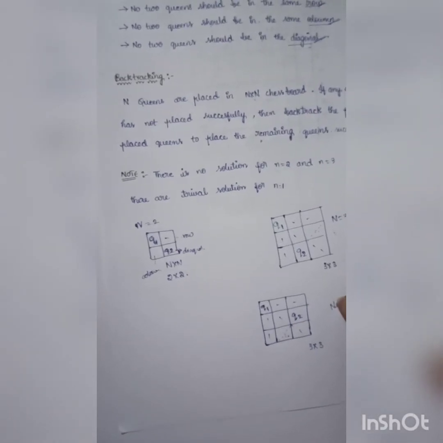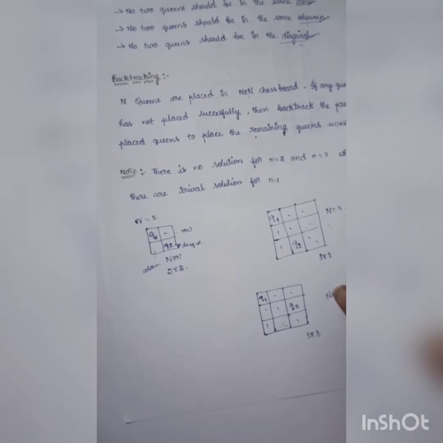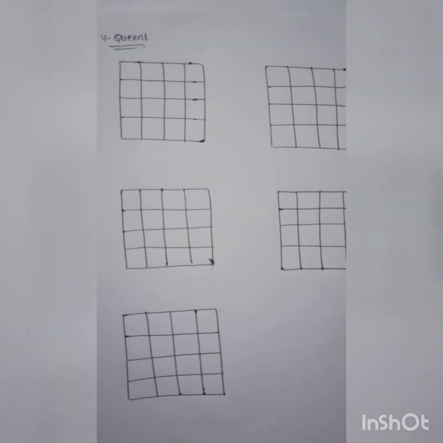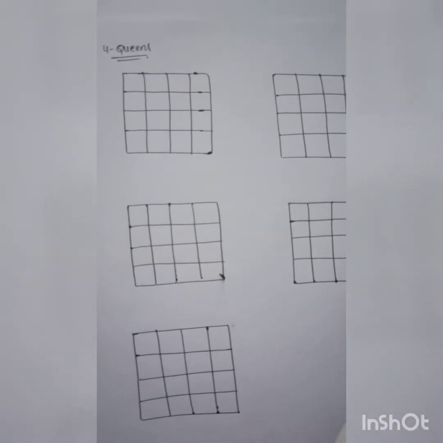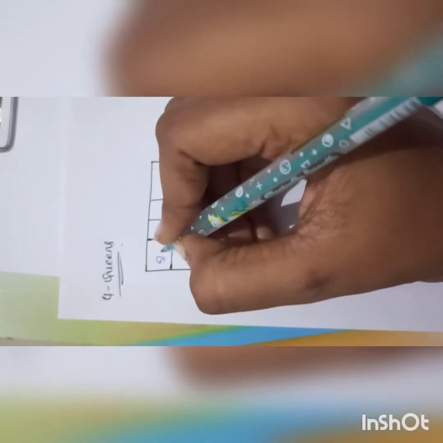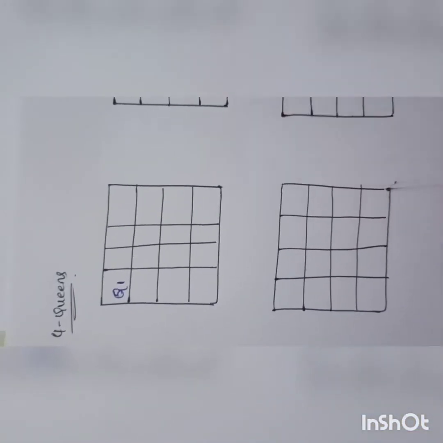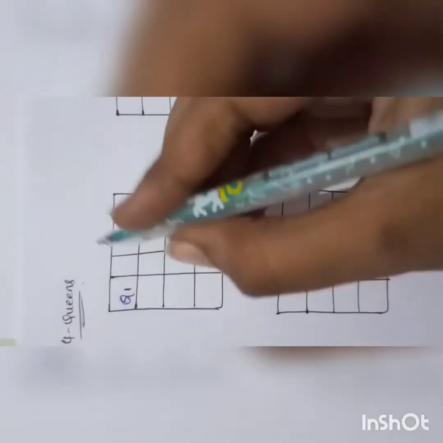Now let us find the solution for the 4 queens problem. Let us start placing the 4 queens by placing the first queen in the leftmost column. Queen 1 is placed in the leftmost column.